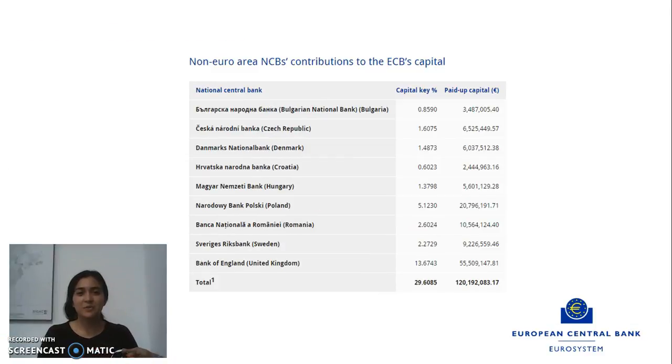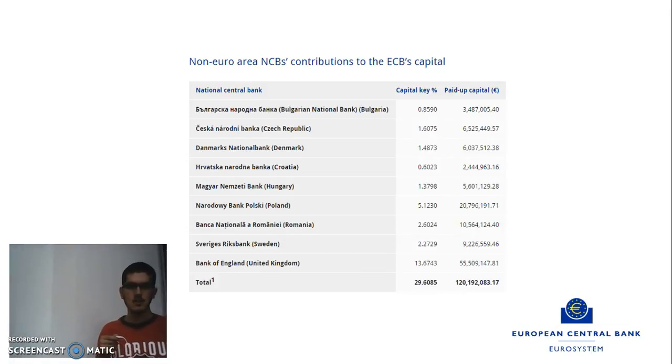In this graphic, we can see the non-euro area countries that make a contribution to the ECB's capital. The first country is the United Kingdom, then Poland. The United Kingdom contributes about 13 percent of the total contribution.